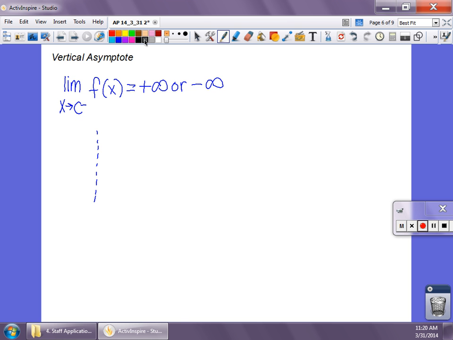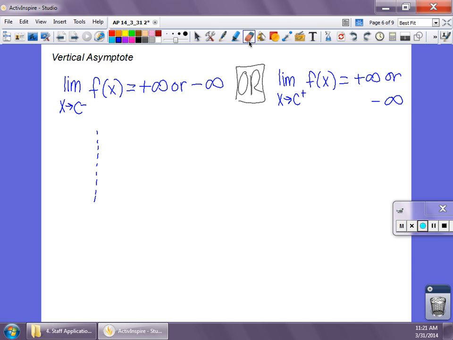Or the other side. So the asymptote only has to be one-sided. That's the reason why I write the definition that way.